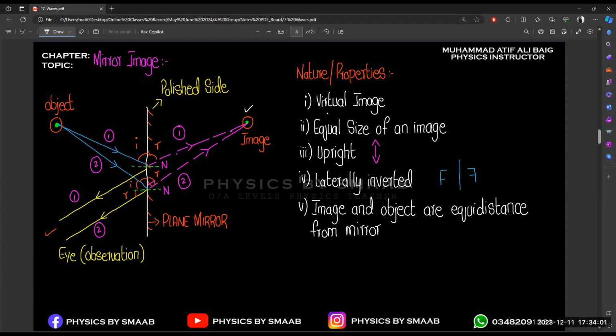You can easily identify the distance if you take the reference from the distance of an object from the mirror. And if we take the distance of an image from the mirror, your image will be at the same distance, just like the distance of an object from the mirror.